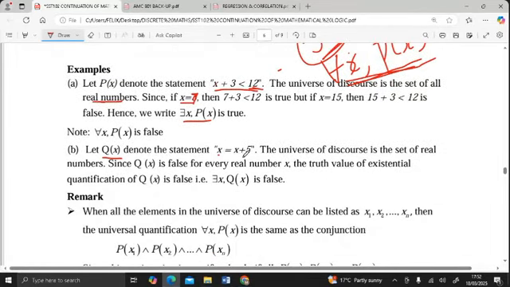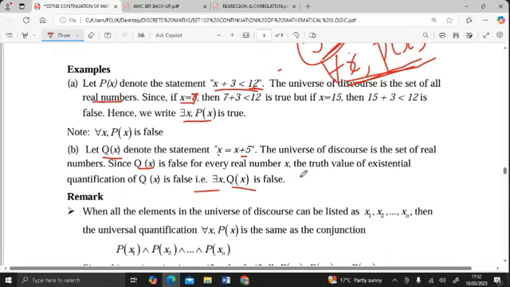You will say this one is true because you can identify one element that, when you add 3, is still less than 12. But for every real number, it is not true, because there are some real numbers that, when you add 3, will be greater than 12. Therefore, this one is false. But this one is true, because all we need for the existential quantifier is just one element that satisfies that.